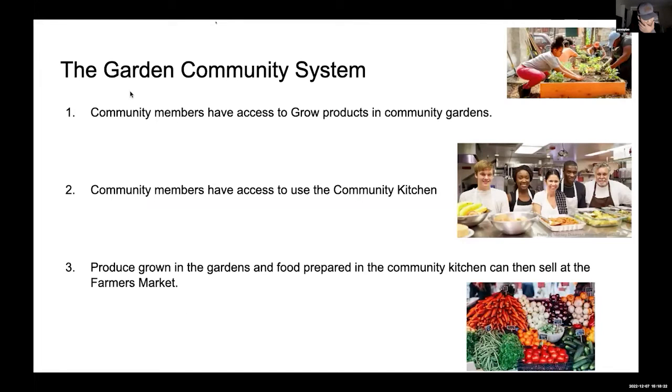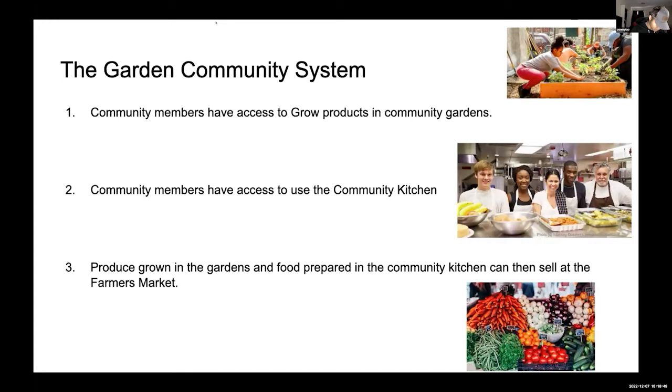This is the garden community system, which is really fitting for Aberdeen Gardens Community. So first is community members have access to grow products in community gardens, with Aberdeen Gardens history, the Victory Garden history, and a lot of residents have gardens in their backyard.